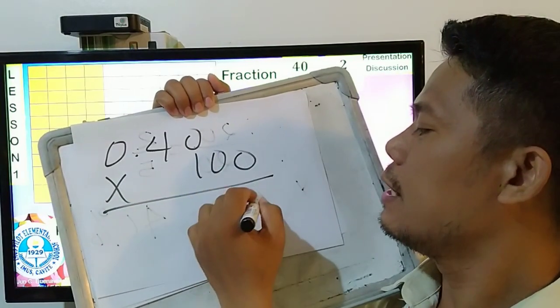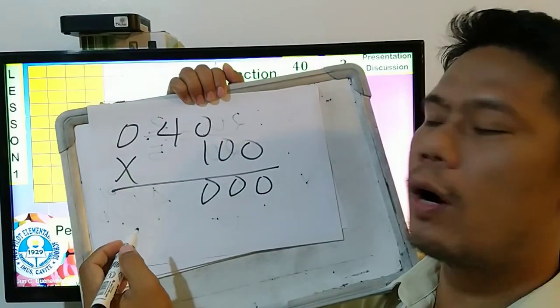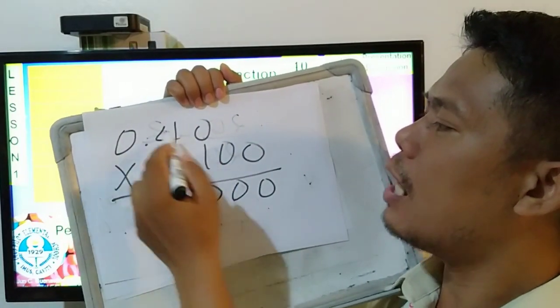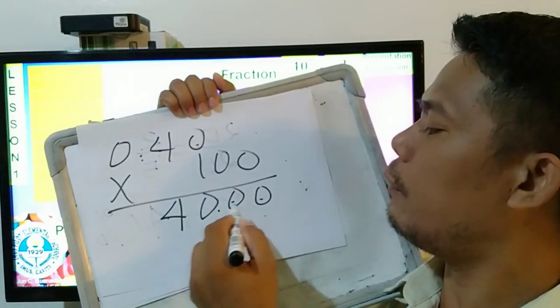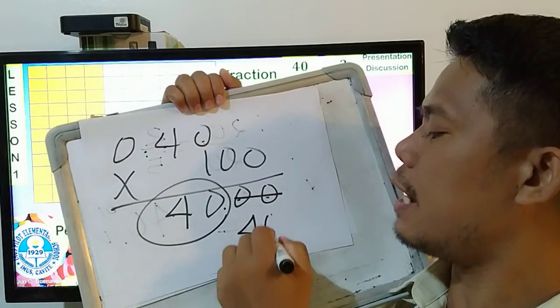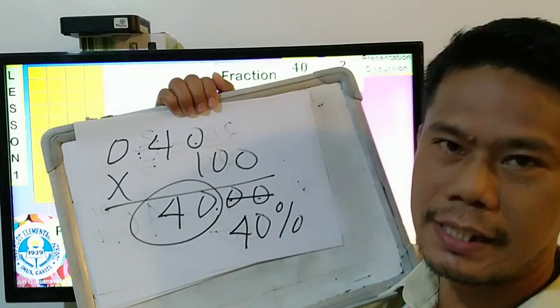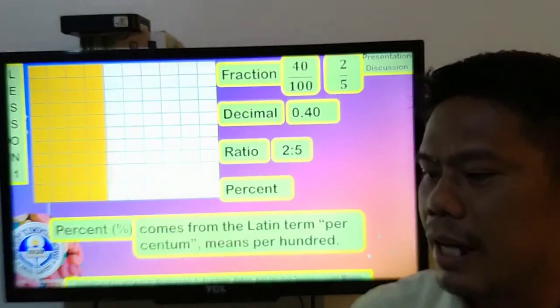Bring down 3 zeros, then 1 times 4 equals 4. Then count the number of decimal places, twice: 1, 2. So the answer is 40, and you put a percent sign, that is 40%. Can you follow? Alright, very good. Now, let's have another example here.